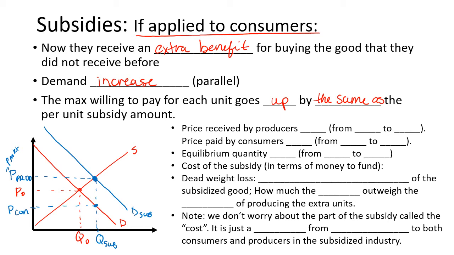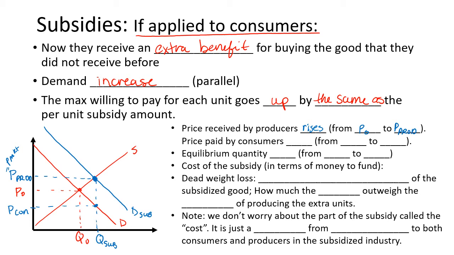Okay, let's look at how things are changing in our picture. So first, the price received by producers is going up. So it rises, specifically from P0 to P prod, because now the government is paying some of the price, and so a higher price gets paid.